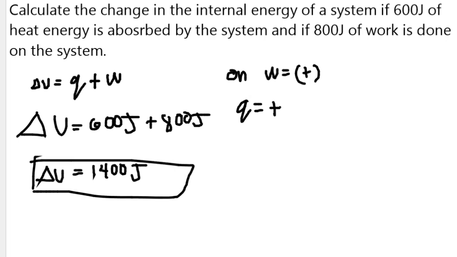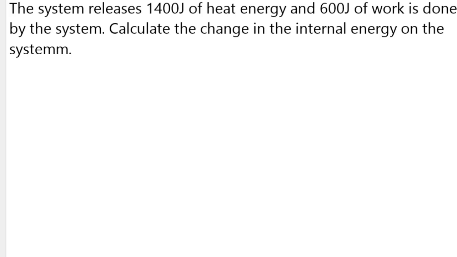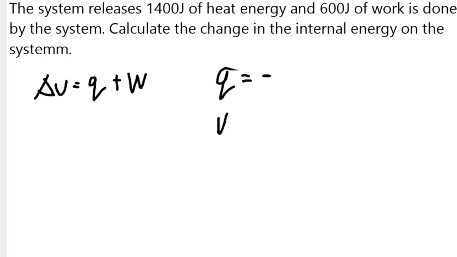Now let's work into the second example. The system releases 1400 joules of heat energy and 600 joules of work is done by the system. Calculate the change in the internal energy of the system. So we're just going to put the equation here. Q is released and work is done by the system.